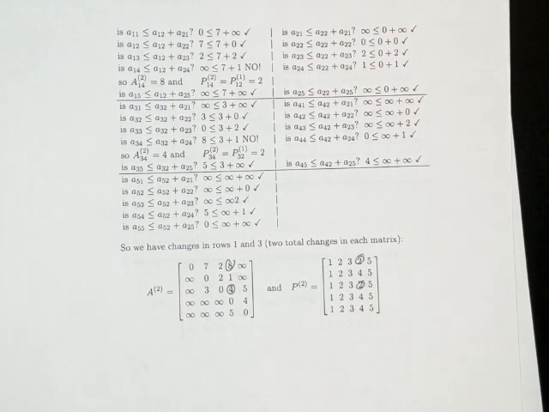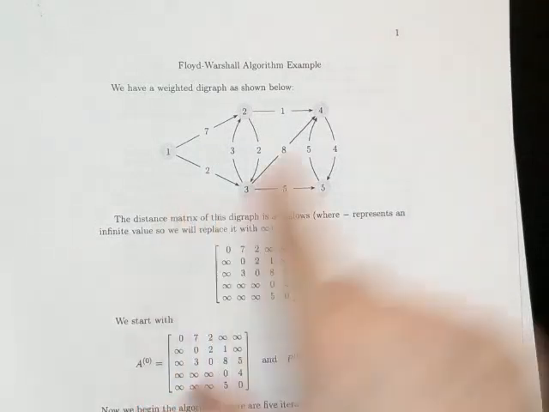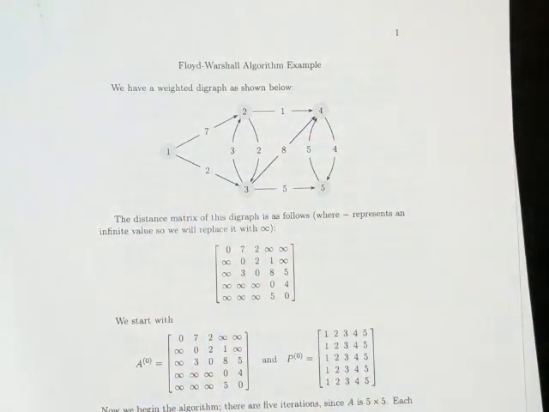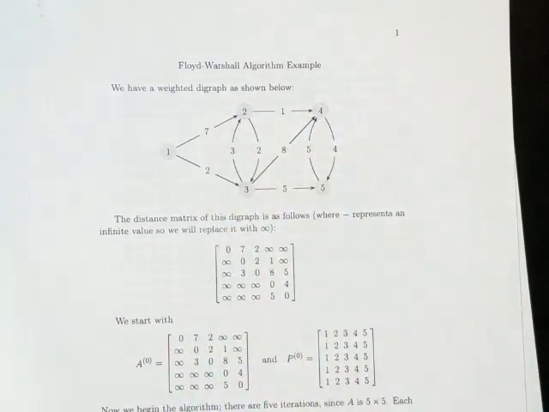I did it again. Because going from 3 to 4 costs me 8. But going from 3 to 2 to 4 costs me 4. So let's replace that number with a 4. Now that just tells me what the new weights are.